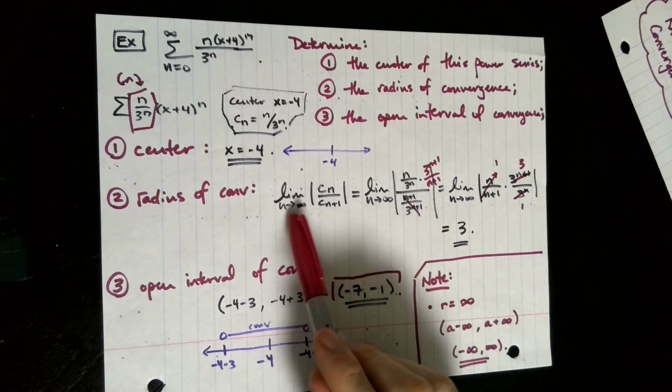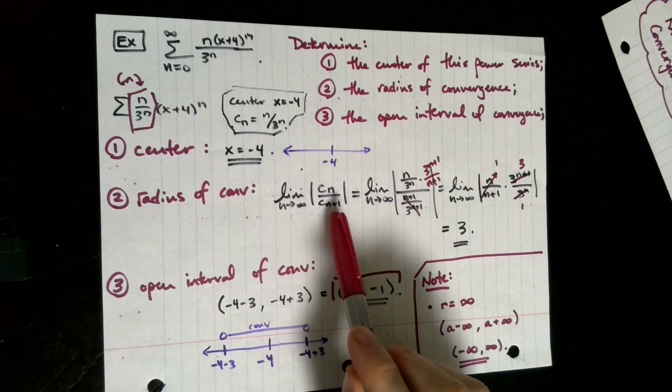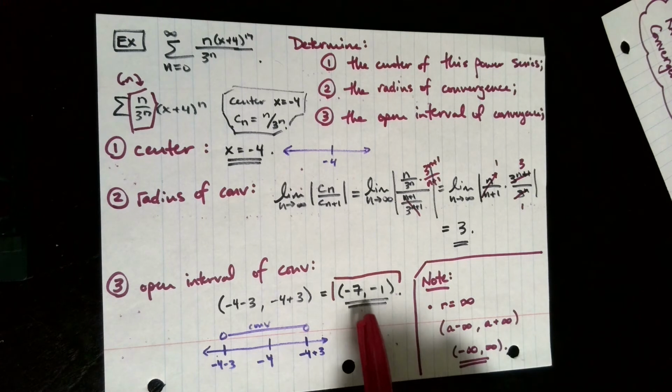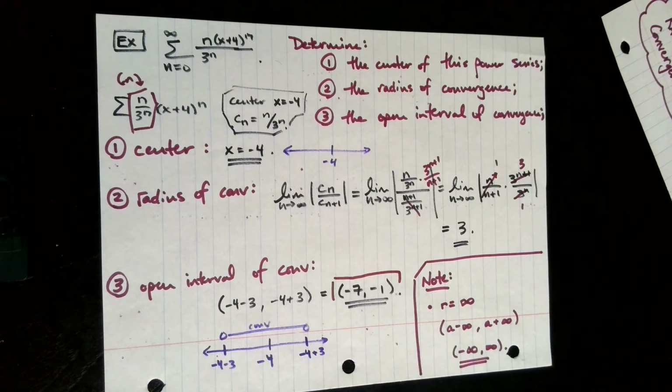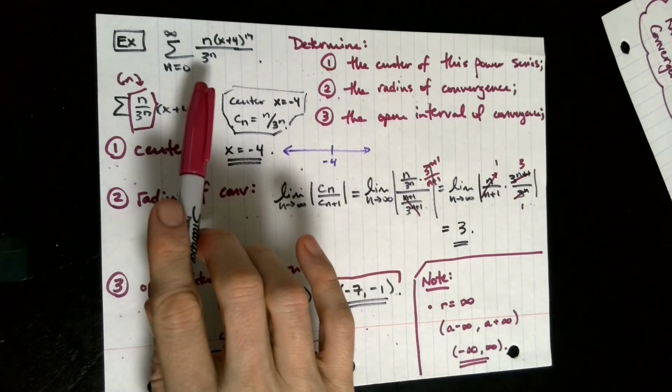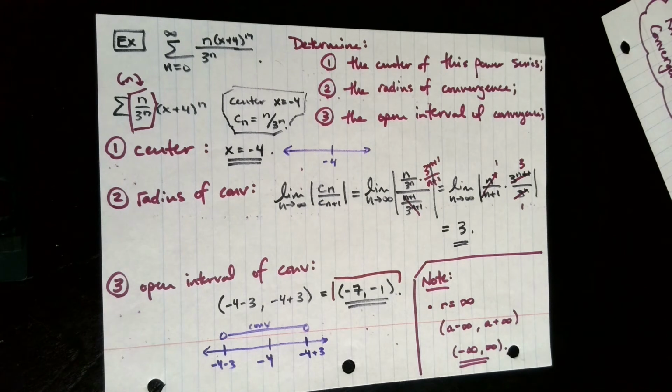what we deduced was that this expression here, the limit of Cn over Cn plus 1, corresponds to the radius of convergence via the ratio test. So ultimately, by the ratio test, we know that any value between -7 and -1 is going to result in a convergent series when we plug that value in for x.